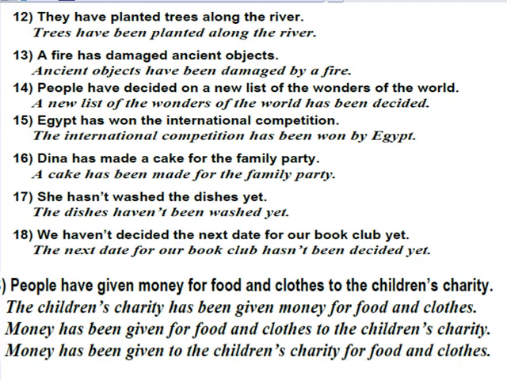The children's charity has been given money for food and clothes. Number 2, money. Money has been given for food and clothes to the children's charity. Number 3, money has been given to the children's charity for food and clothes. Okay?